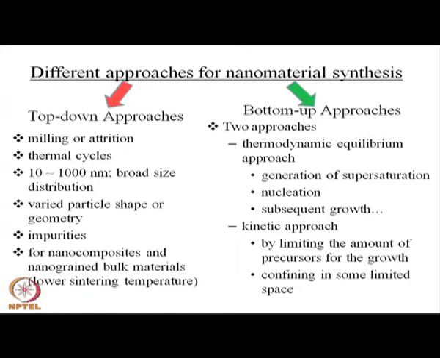It is basically the ball milling approach, one is called, another is thermal cycles. Then the particle distribution is of the order of 10 to 1000. You see that 10 to 1000 nanometer is a very broad distribution, but still you can get nanomaterials.